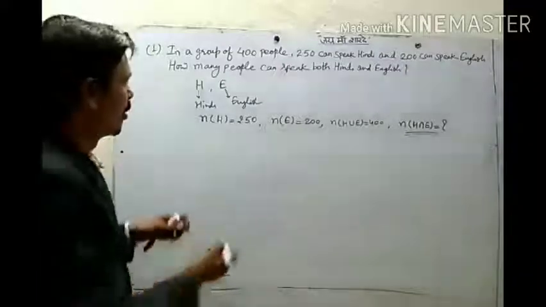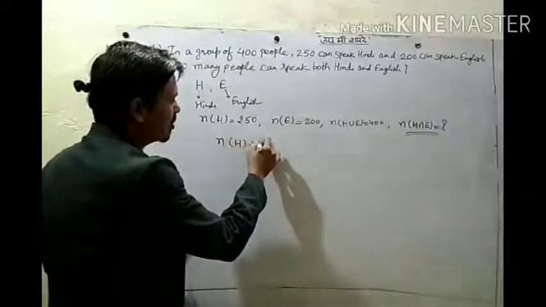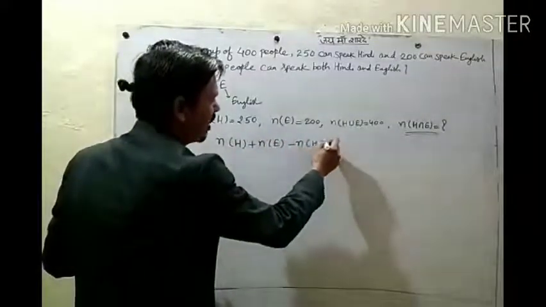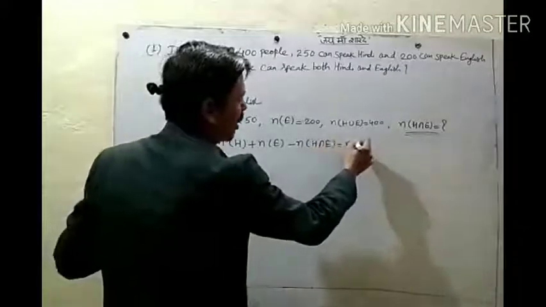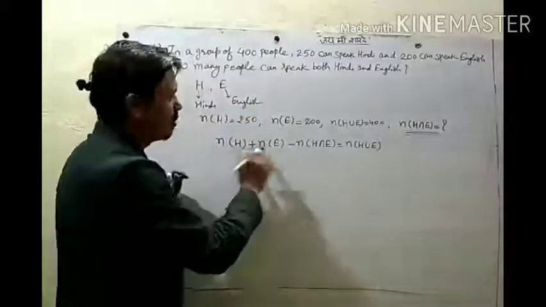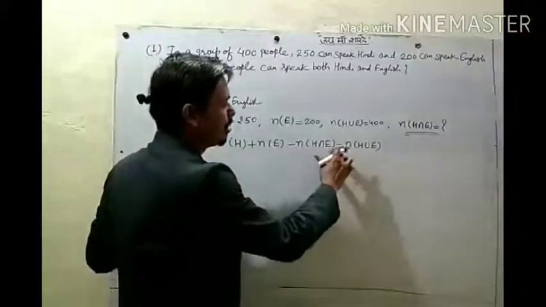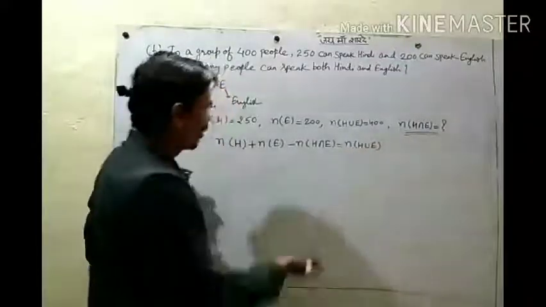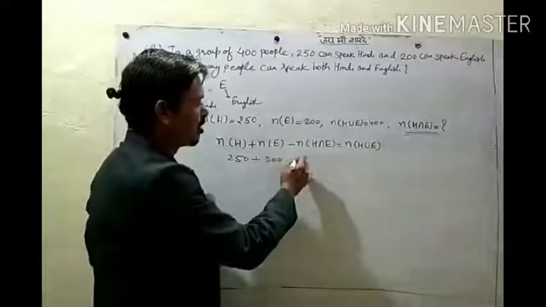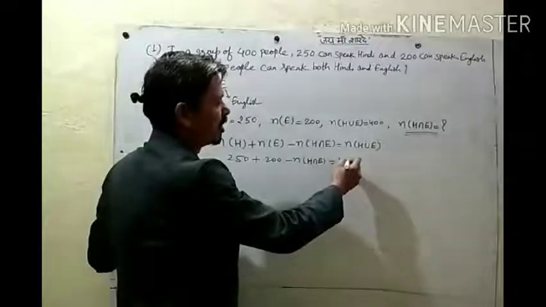Okay? So by the formula, n of H plus n of E minus n of H intersection E is equal to n of H union E. Okay? Instead of A and B, you can use H and E. n of A plus n of B minus n of A intersection B is equal to n of A union B. Now here we have 250 people, 200 minus n of H intersection E is equal to 400.